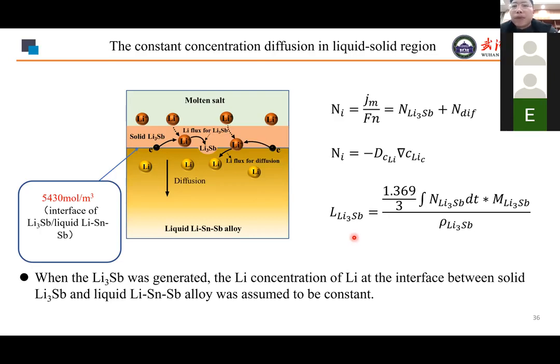In this process, there is a key feature: the lithium concentration at this interface is constant. It remains the critical concentration. So we can use a constant concentration diffusion model in liquid solid region.